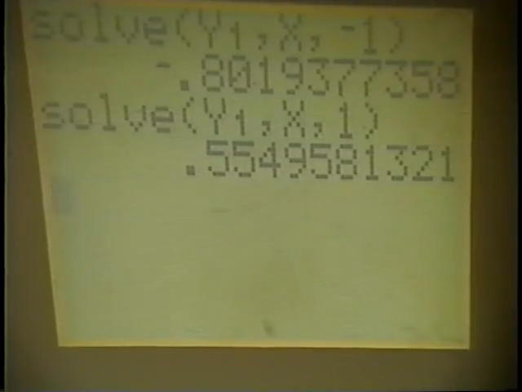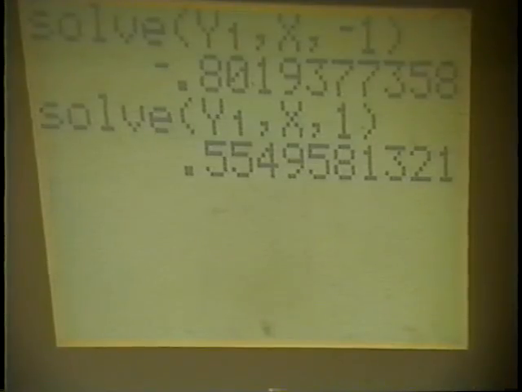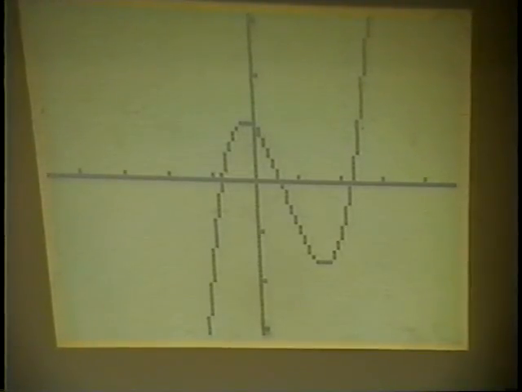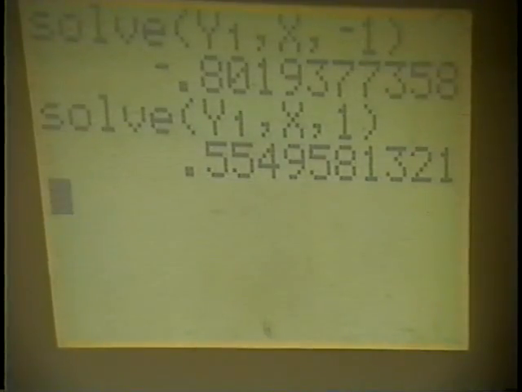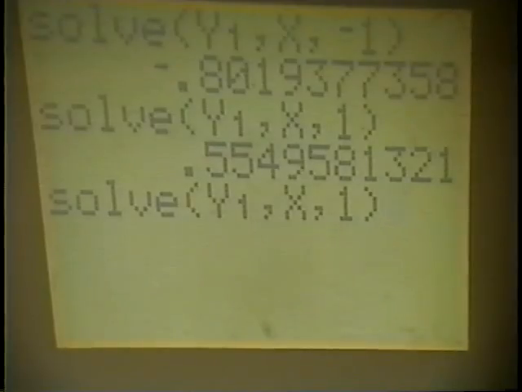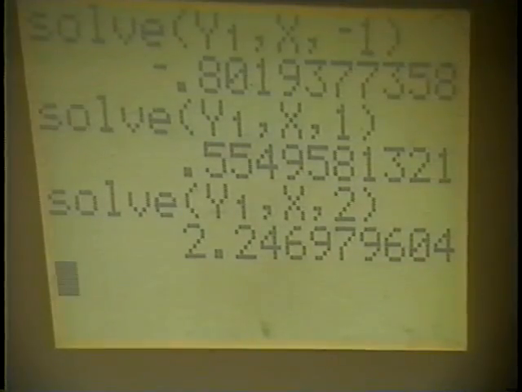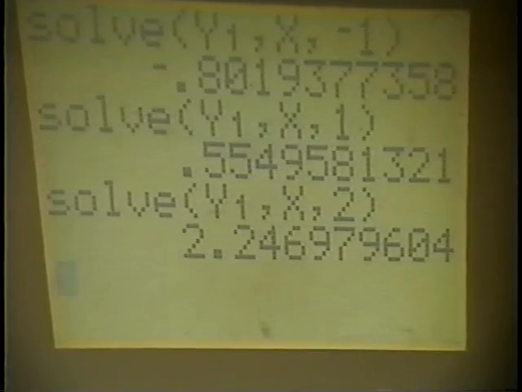And then the last root, if we hit the graph, the last root seems to be somewhere in the vicinity of 2. So let's try that. I'll say second quit. Second, enter, and now let's change the 1 to a 2 as my guess, hit enter, and there you have the 2.247 approximately.